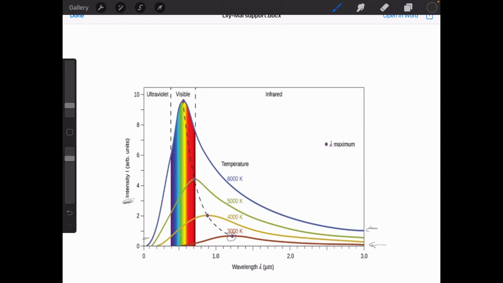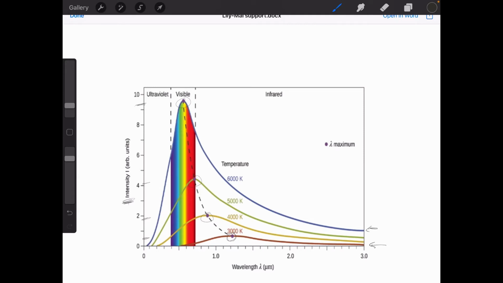As the temperature increases, the intensity is also increasing. And that's all you need to worry about at GCSE level, really: as the temperature rises, the intensity is also increasing.